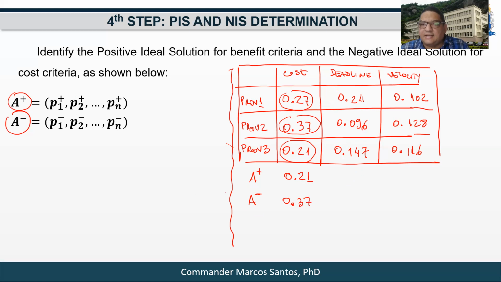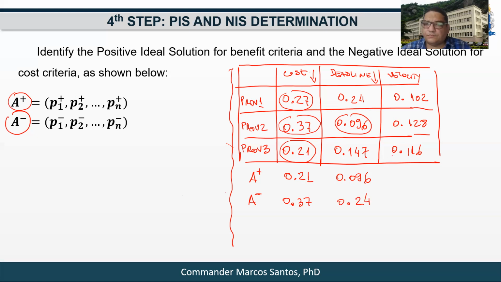And in the deadline column, what is the best value? Here, I wish a low deadline. So the best deadline is 0.096. And the worst deadline is 0.24.